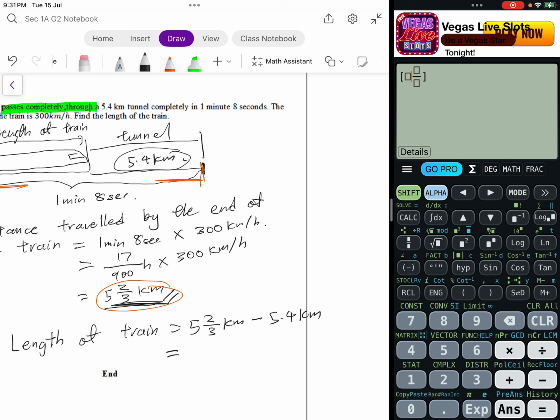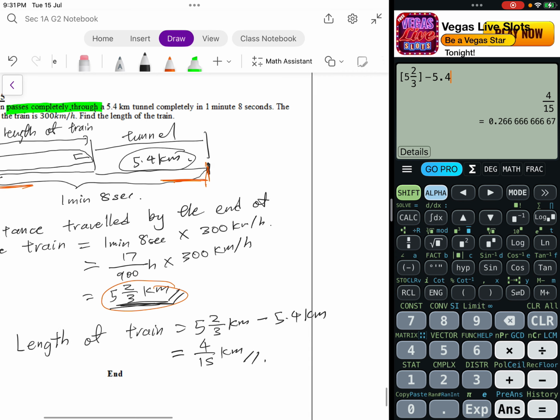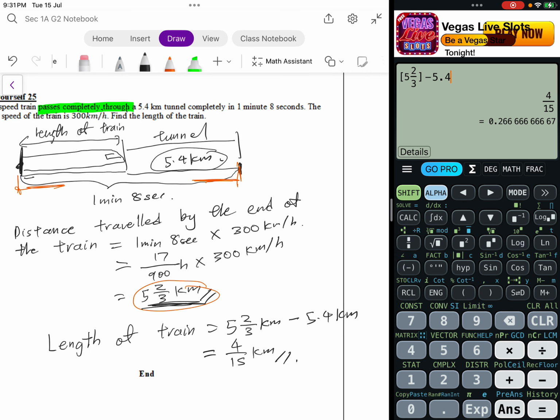Okay, sorry, 5 and 2/3 minus 5.4. So you get 4 over 15 kilometers. That's the difference. So your length of train should be 4 over 15 kilometers.